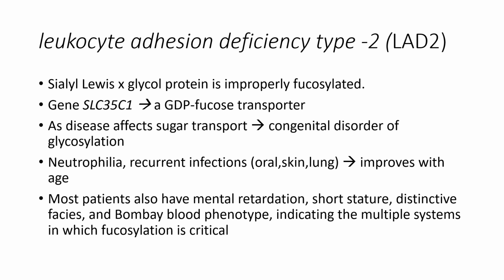The patients present with neutrophilia and recurrent infections of the oral cavity, skin and lungs. This disease might usually improve with age. Most of the patients also have mental retardation, short stature, distinctive faces and Bombay blood group, indicating that this fucosylation is critical in many organs.